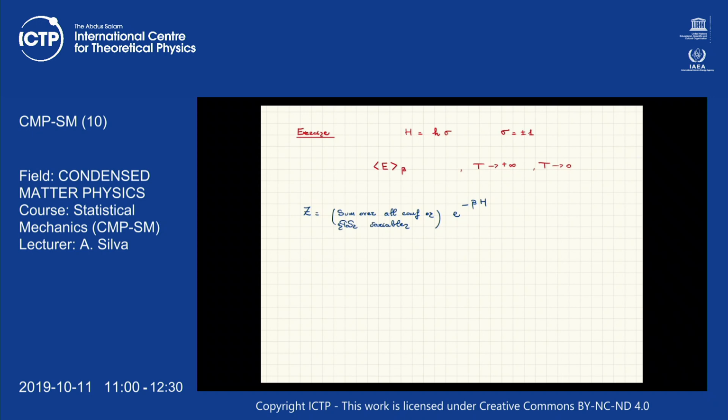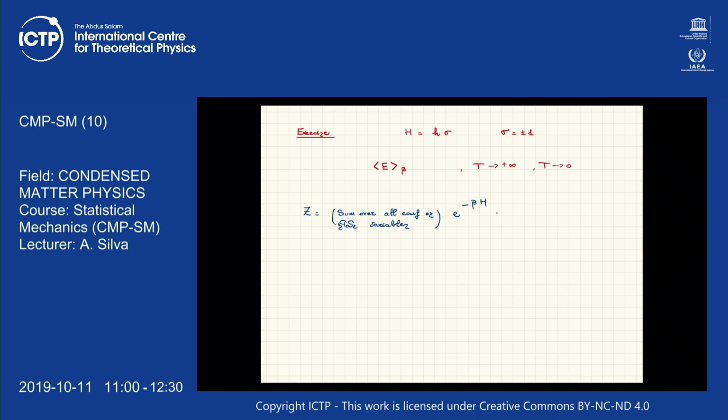Now, if you're dealing with gases, your statistical variables are Q and P, or Q1, Q2, ..., Qn, P1, P2, ..., Pn. Okay? But if you're dealing with one spin, your statistical variable is just the values that this spin can take, which is plus and minus 1.